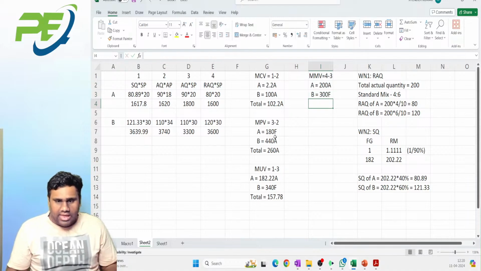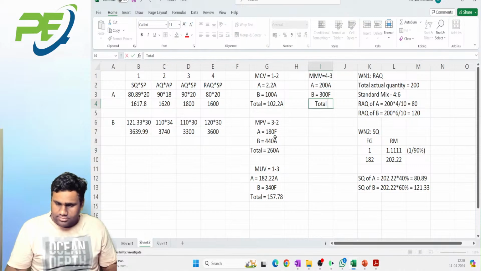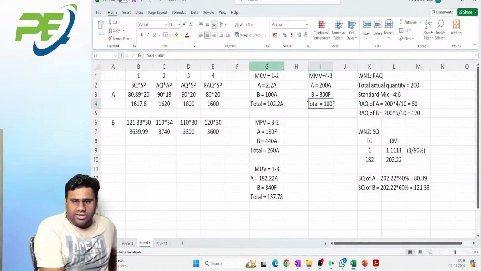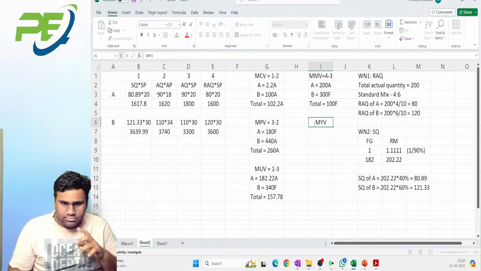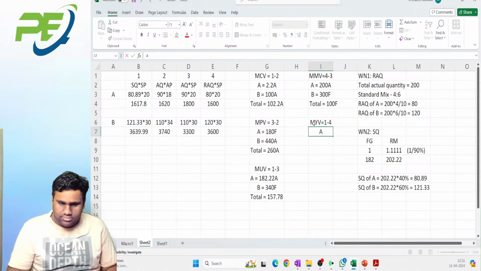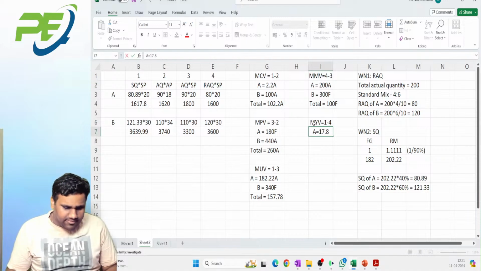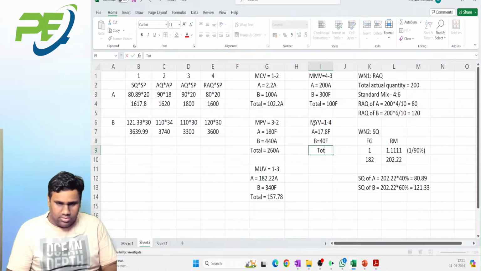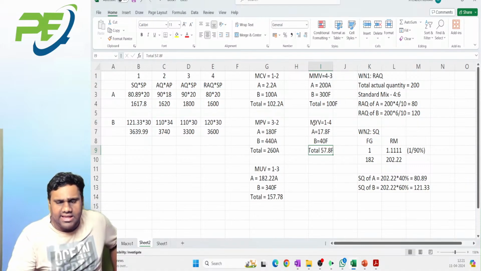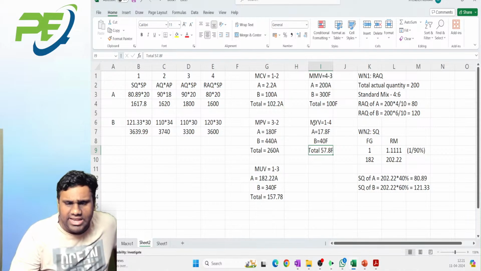Total 300 F, then 100 F. Then yield 17.8 F, 40 F, total 57.87. Now again check: mix A 200 A and yield 17.8 F.